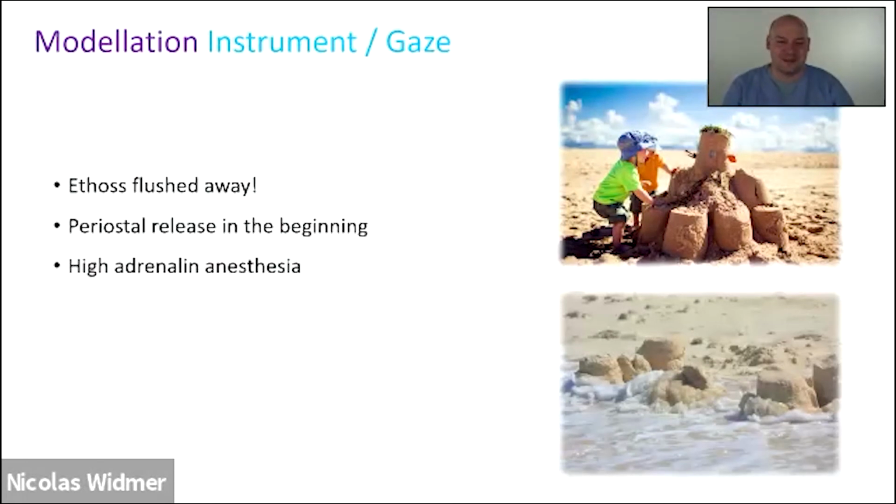So that may be a problem, bleeding. So think ahead of the releasing and do it in the beginning of your surgery so you can control the bleeding. But maybe you have still some bleeding.